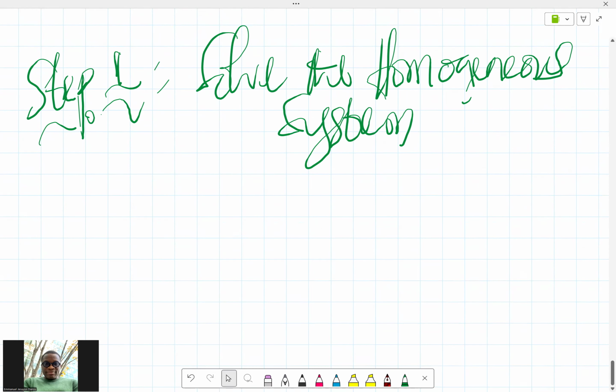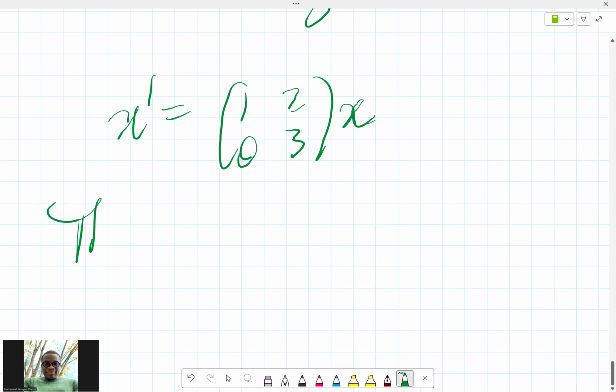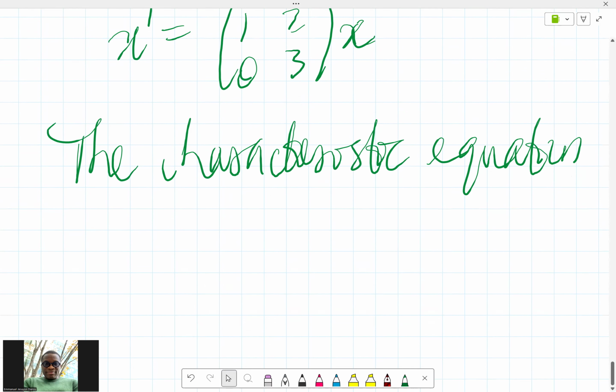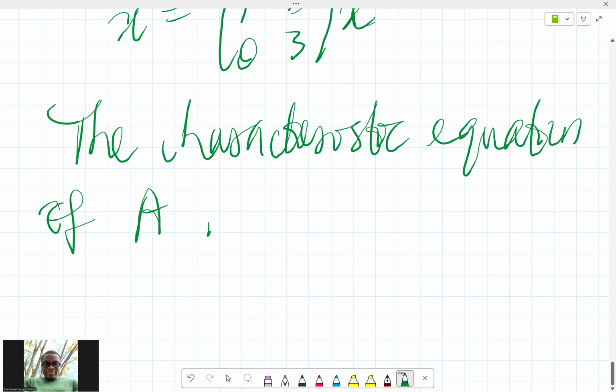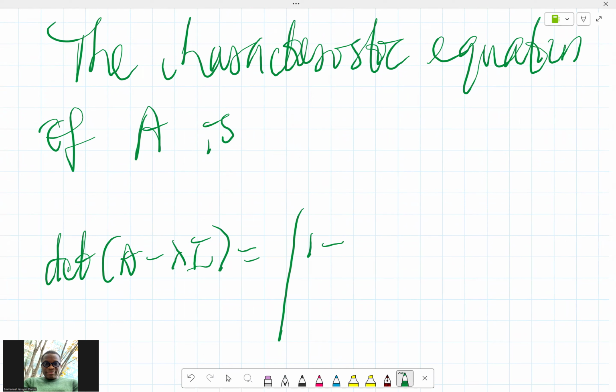The homogeneous system is simply x prime equals [1 2; 0 3] x. For that, the characteristic equation of A is the determinant of A minus lambda I equals the matrix [1 minus lambda, 2; 0, 3 minus lambda], and all of this is equal to 0.